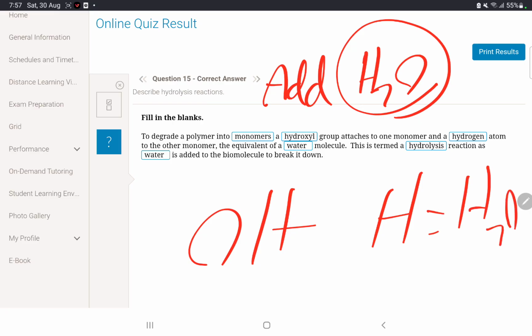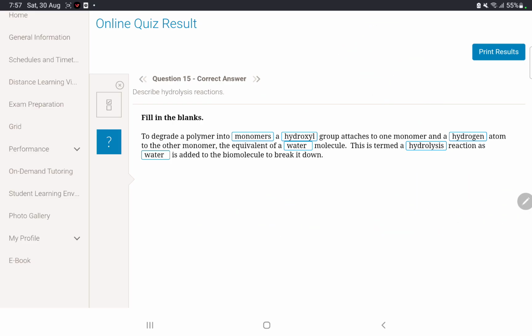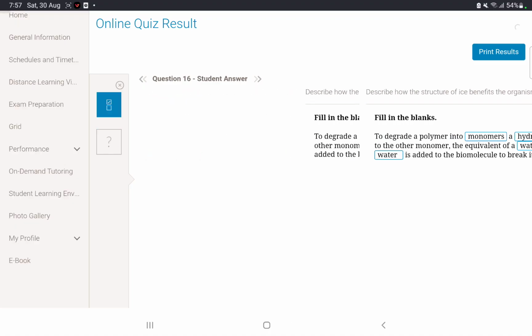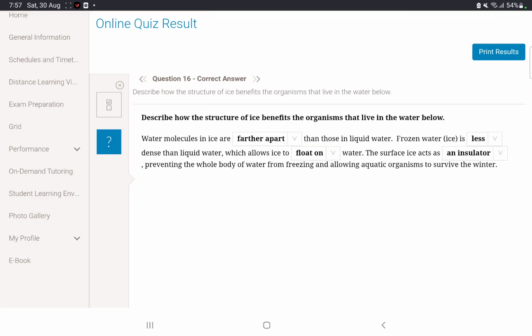It equals H2O. It's the same thing. Okay? This is termed the hydrolysis reaction. Water is added to the biomolecule to break it down. So hydrolysis breaks down and dehydration builds up. Dehydration builds up, not degradation. Dehydration builds up, which is the same as condensation, and degradation and hydrolysis break down.